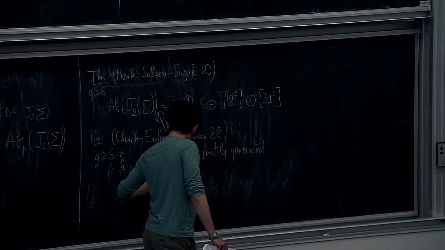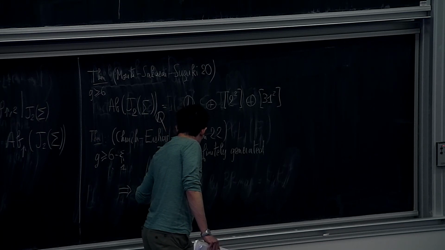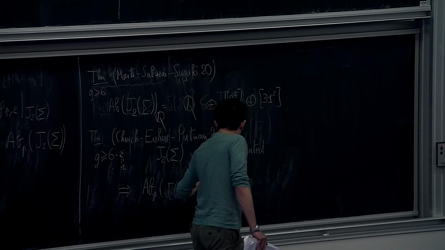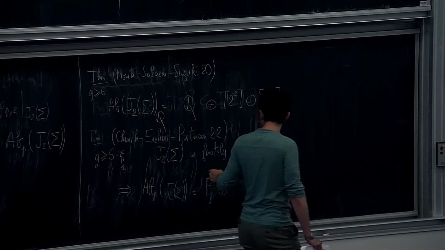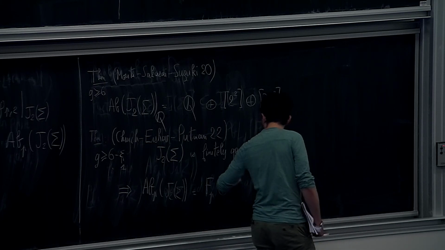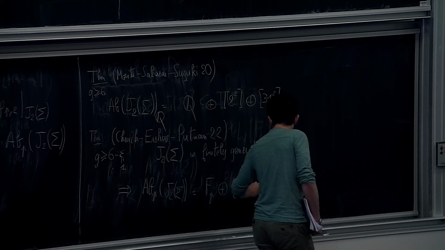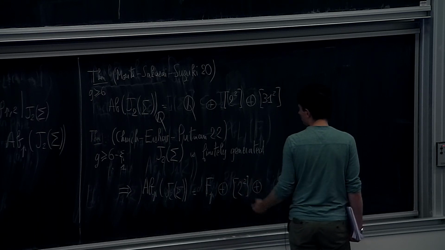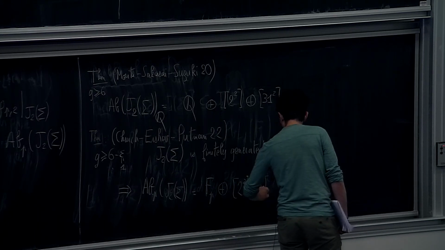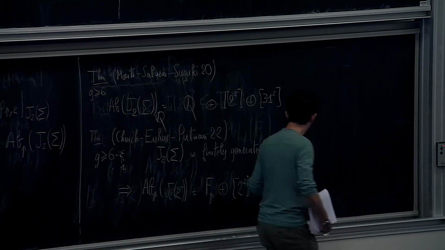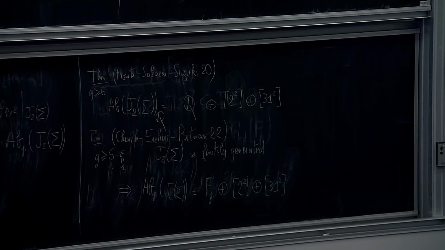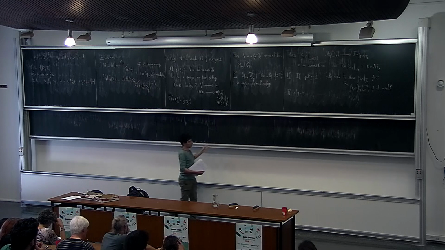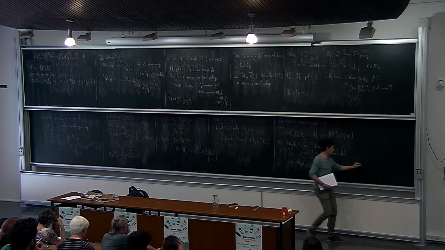You will get that the abelianization mod p of J2 of sigma is, well, you have an F_p factor, which is a trivial representation, and then you have a modular representation corresponding to the same Young diagram, and also the third factor is also the same. So here, I should write it, it's for p large enough only.